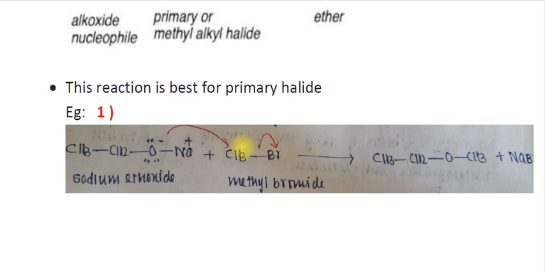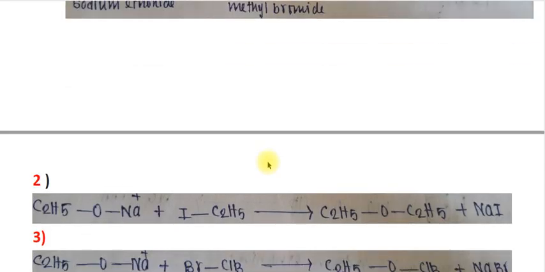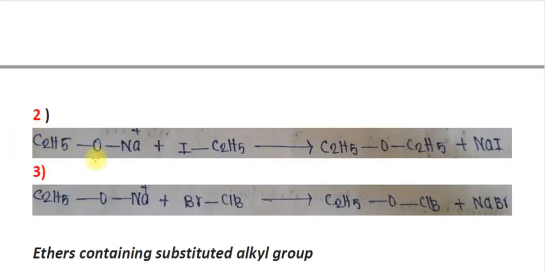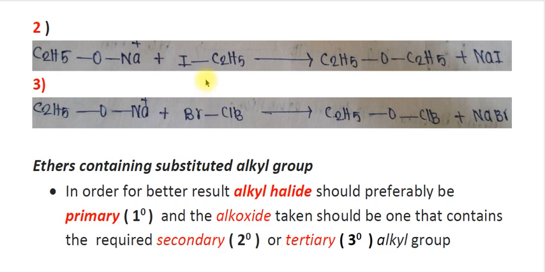We take the primary halide because this reaction is best for primary halides, and you get the product, the ether, which is an unsymmetrical ether, CH3CH2OCH3 plus NaBr. The next example is C2H5ONa plus IC2H5.